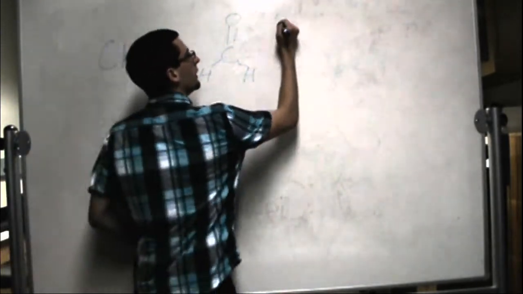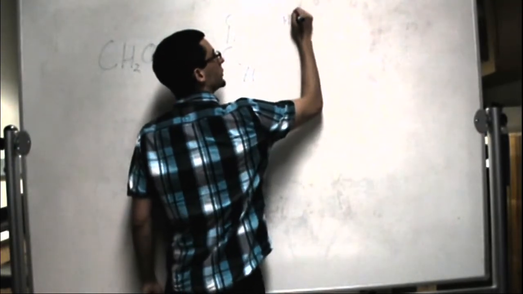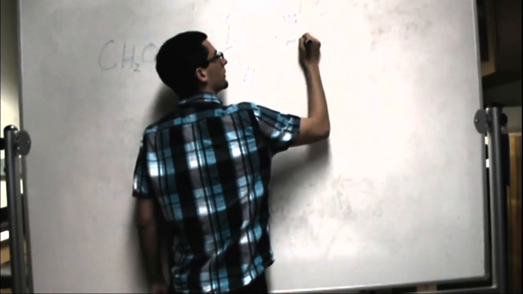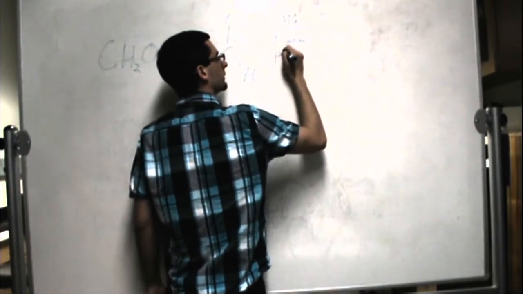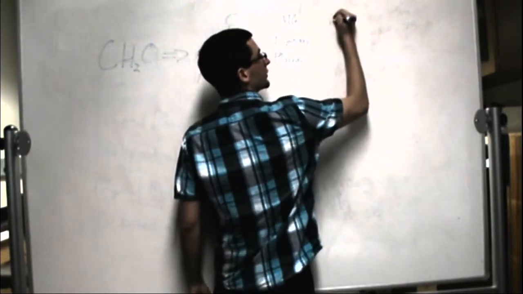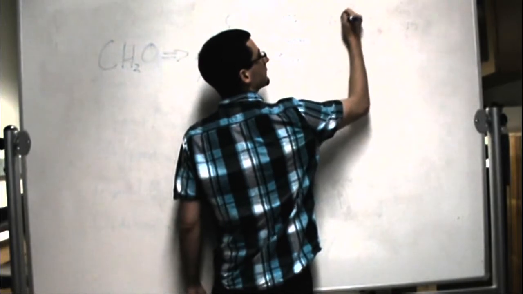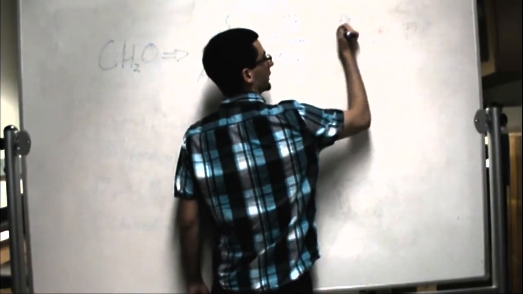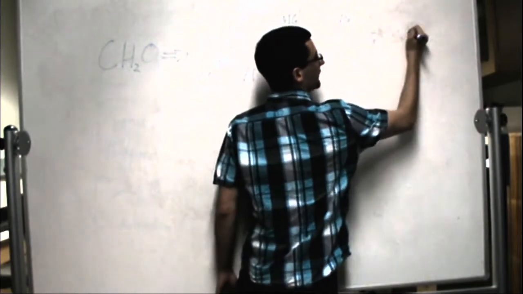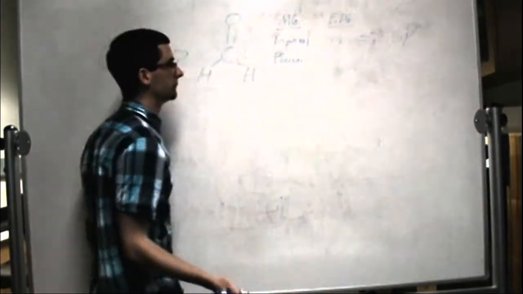It looks something like this. So our molecular geometry is trigonal planar, and our electron domain geometry is also trigonal planar. So that means we have an sp2 hybridized system.